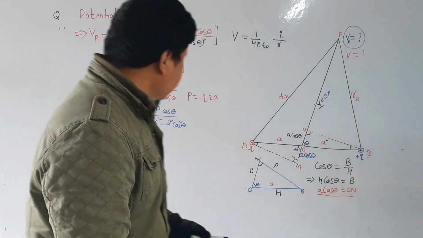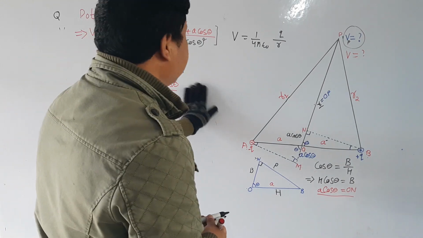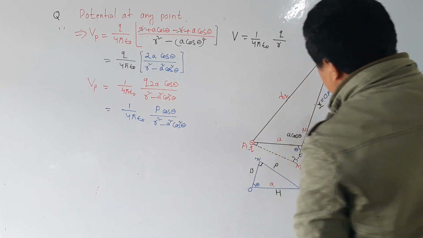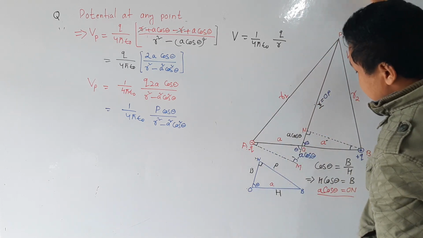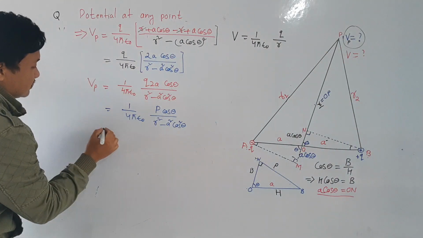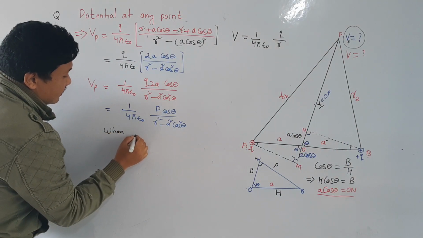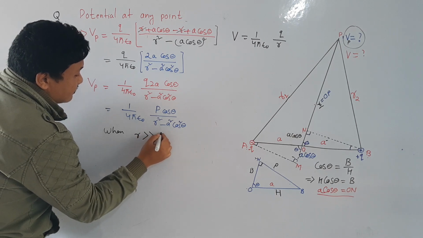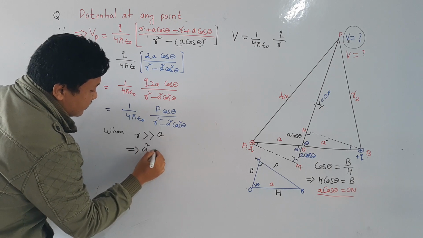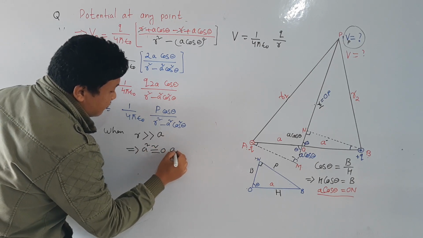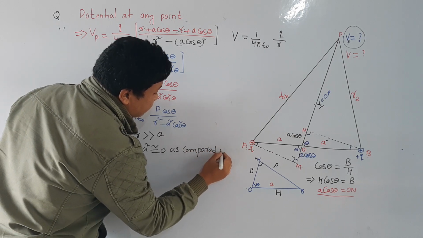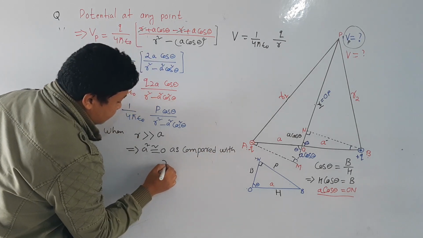Okay. Now let me give you one condition. Okay, special condition. If this r is very long, and if a is very small, when r is much greater than a, then this implies a square is almost equal to 0 as compared with r square.